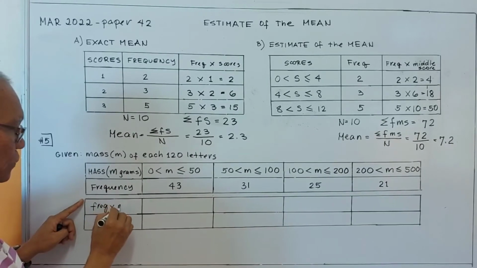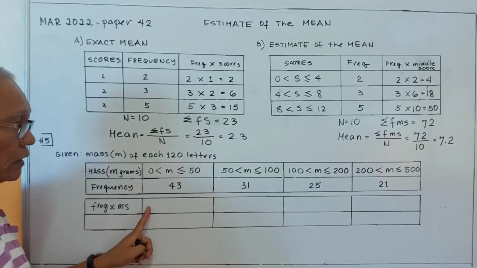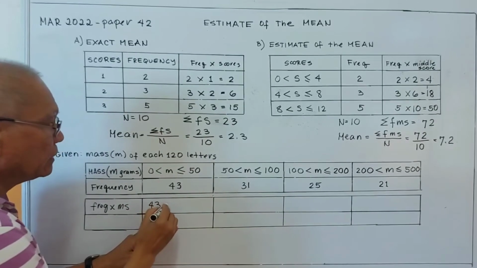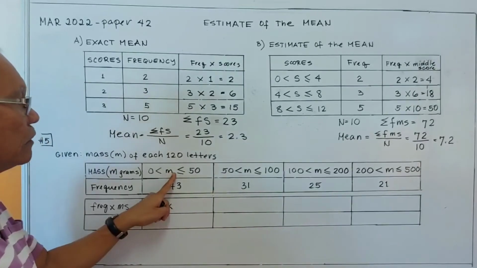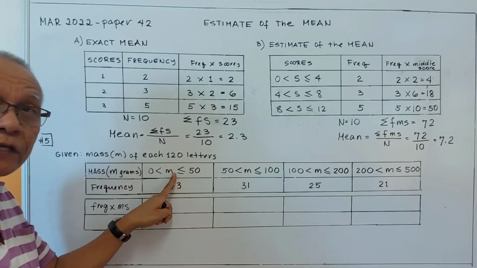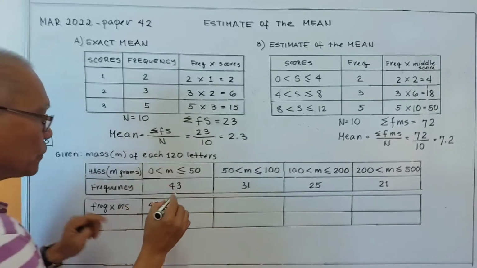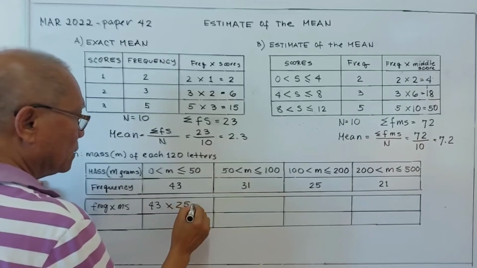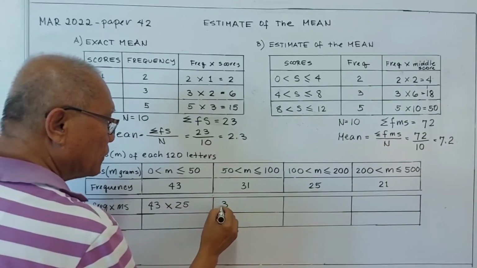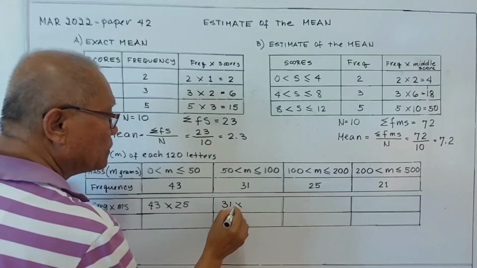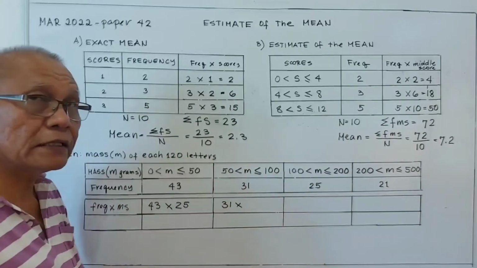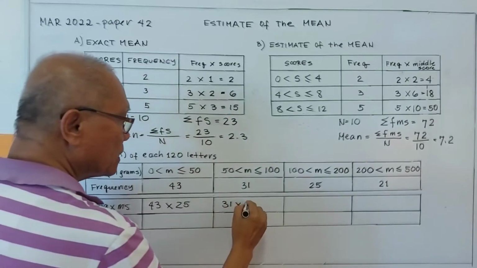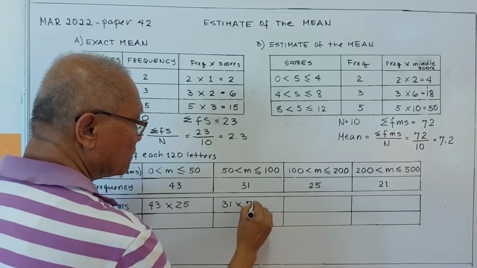So here, we put 43 times the middle of 0 and 50. 50 divided by 2 is 25. So you have 25 here. Put the 31, the frequency here, times 50 plus 100 is 150, divided by 2 is 75. So this one is 75.